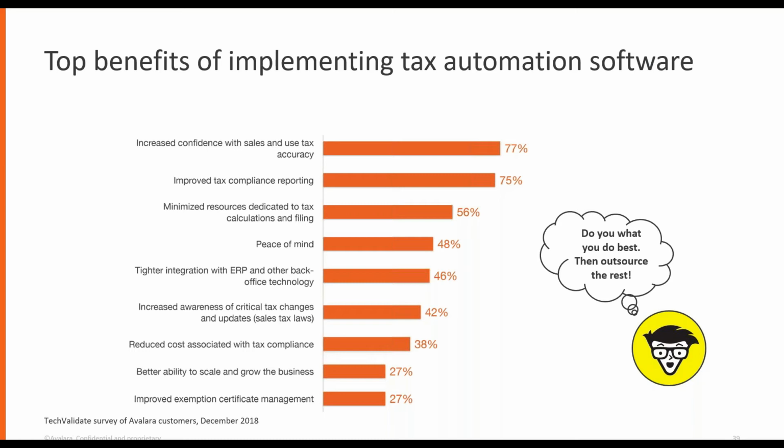Improved tax compliance reporting with detailed transactions and reconciliation reports that tie back to the GL and payables is huge. That's another thing that has helped our customers. That integration that we talked about, when you have tight integration with your ERP or point of sale systems, it helps all sides of the house line up correctly.